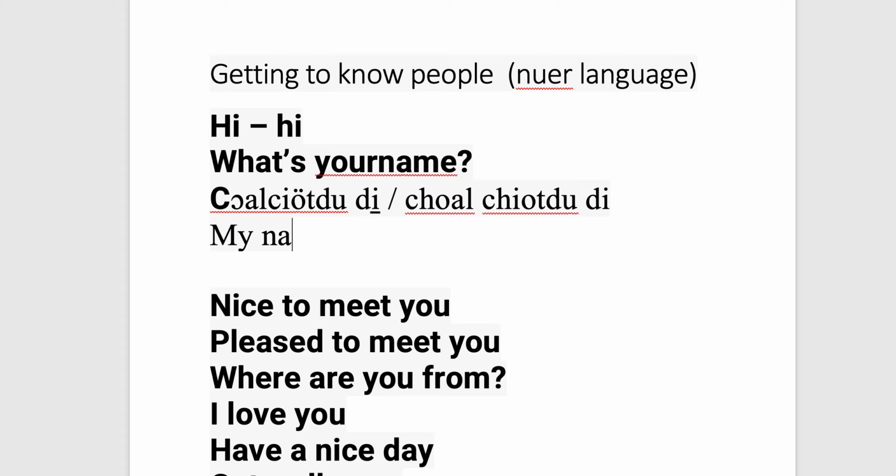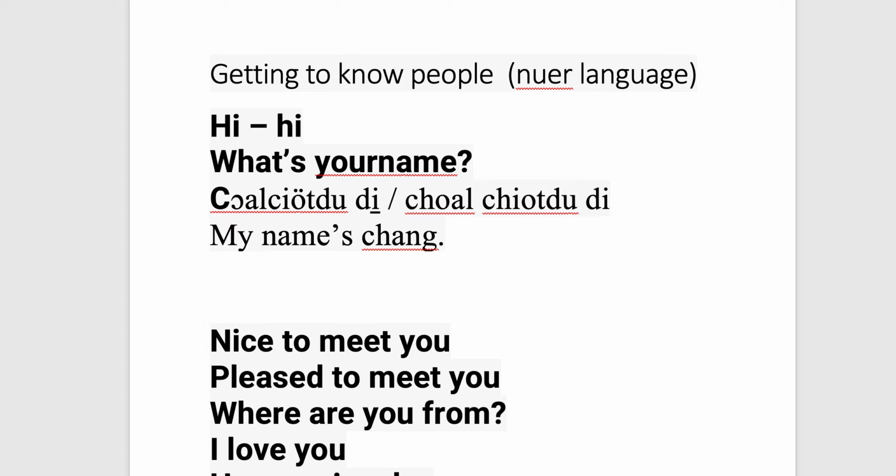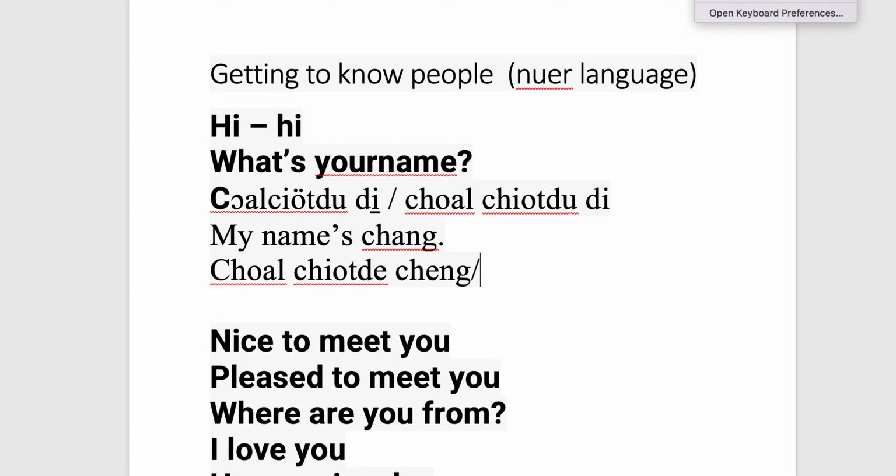Maybe my name is Chang. Let me change the keyboard. My name is Chang, and in our language we say Chual should der Chang. Or you can write it this way in your language: shall should the Chang.